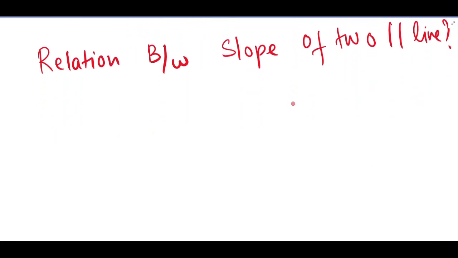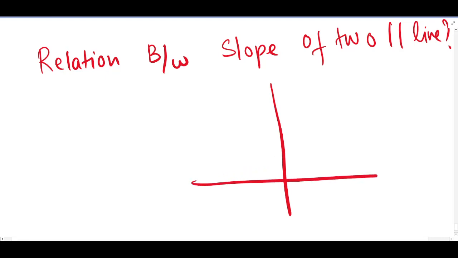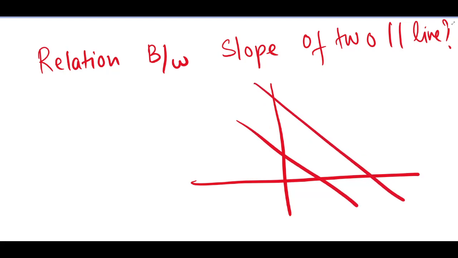If you have a Cartesian system, this is the y-axis, this is the x-axis, and we have two lines L1 and L2, where L1 is at angle alpha and L2 is at angle beta. If two lines are parallel, then their slopes are equal.